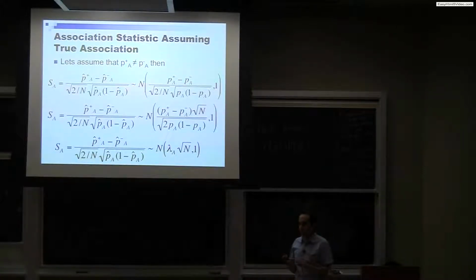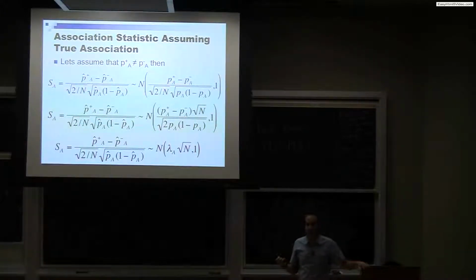The way to think of power is like this. Let me assume that there is an effect of the disease that changes the frequency by, let's say, 0.1, for example. Now, if I had 1,000 individuals, what would my probability of finding that be?